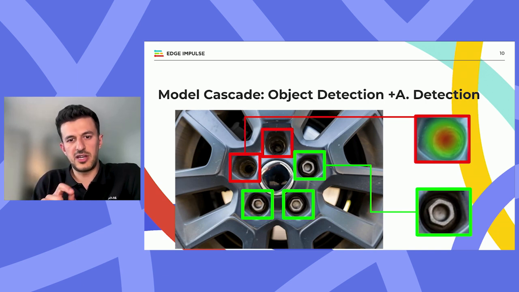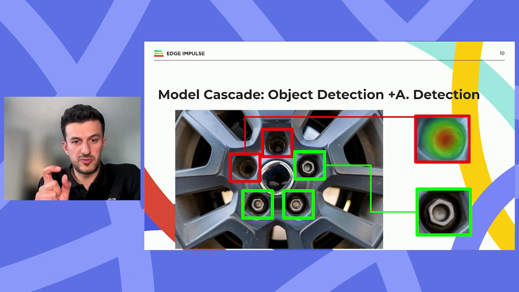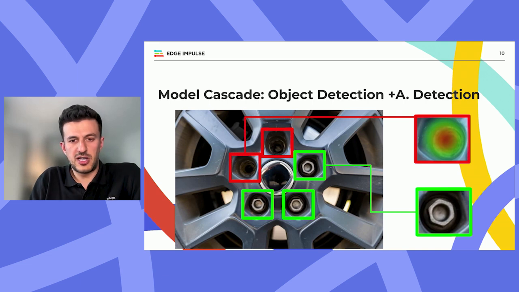So here you can see a car wheel and all the holes. We have trained the model to find basically all the holes in this car wheel, and some of them that have missing nuts will basically be identified by this heat map there, and anomaly detection would be a good use case.